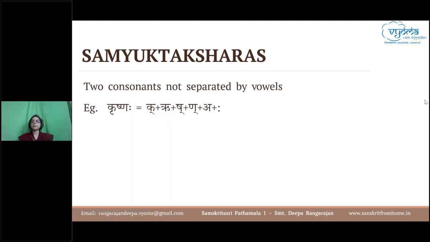Next we have sh, a consonant. N is also a consonant. This is followed by an akara, which is a vowel, and the akara is followed by a visarga. So in Krishna, so many letters have combined, out of which sh and n occur immediately after each other, without an intervening vowel. Such a combination is called a SamuktAkshara.